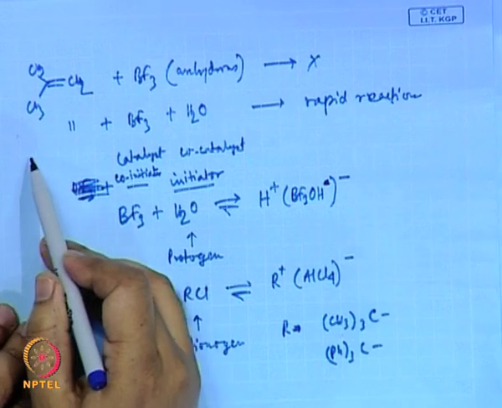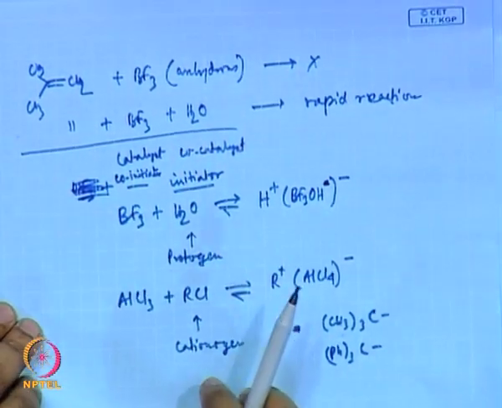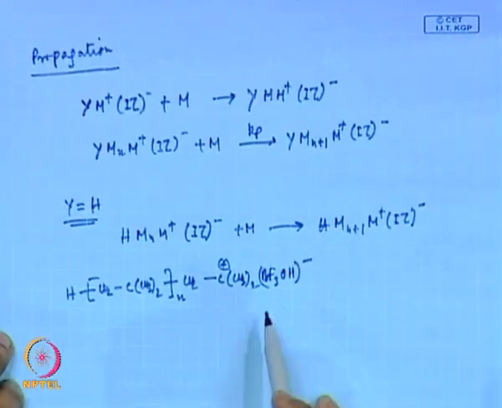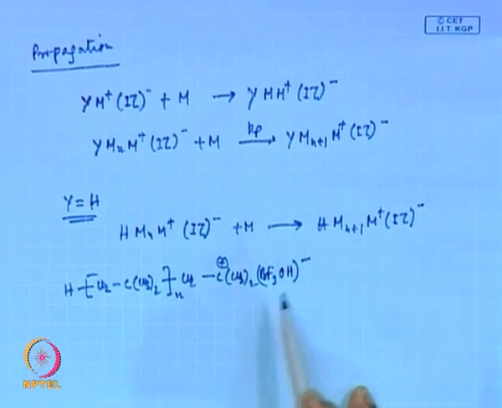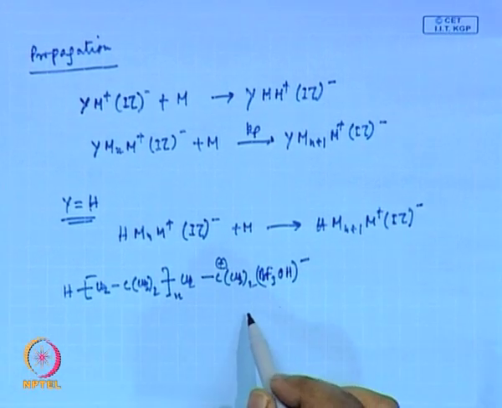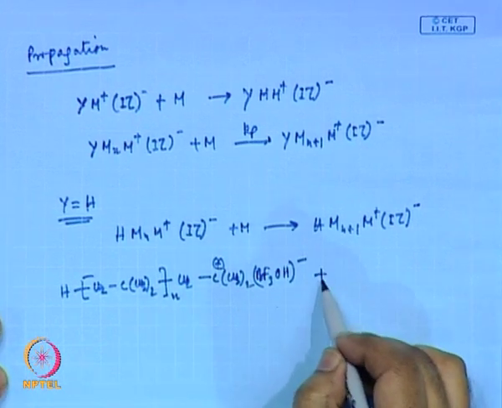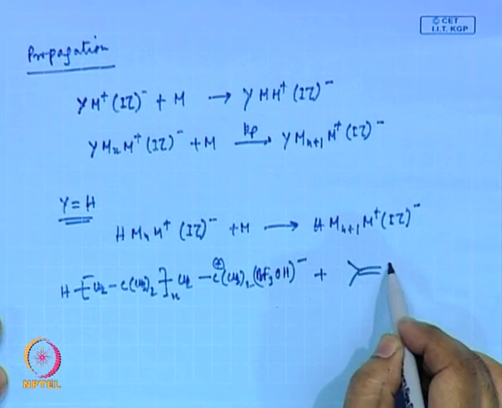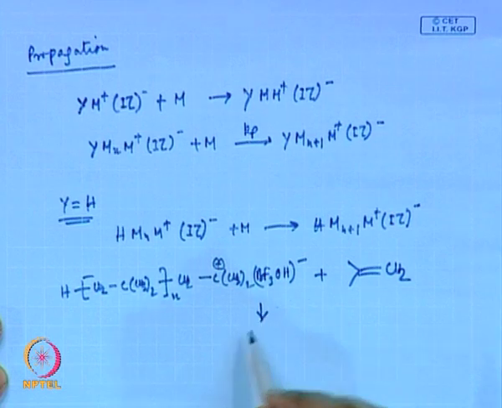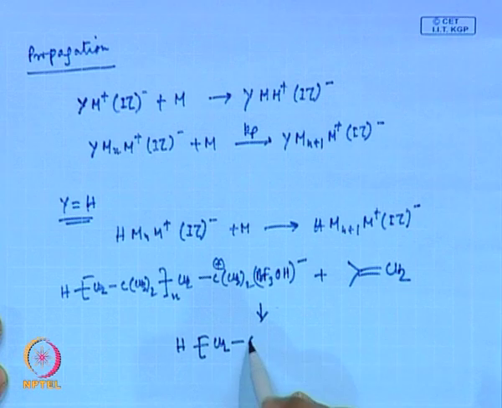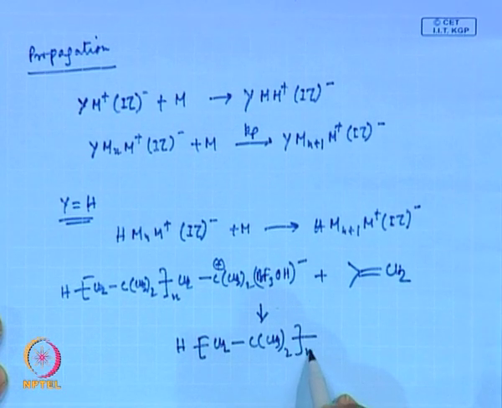Just recall from your earlier discussion, I am writing the propagating reactions here. This, on reacting with isobutylene, produces the next species.